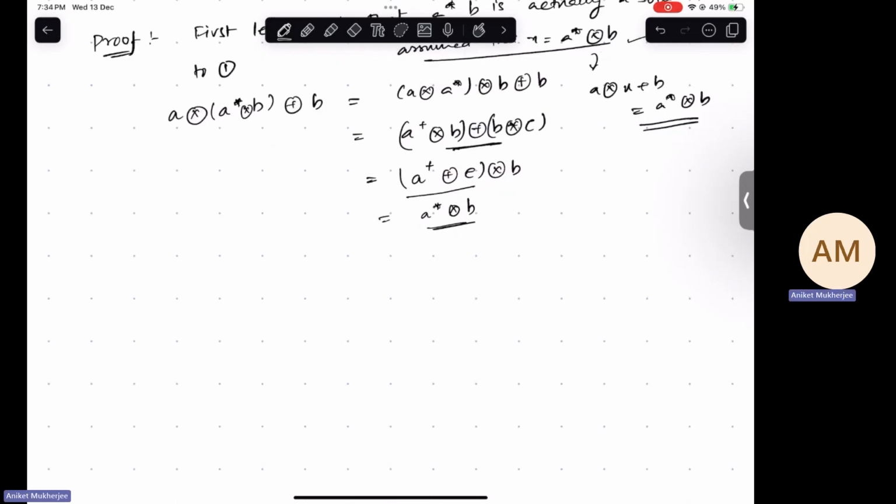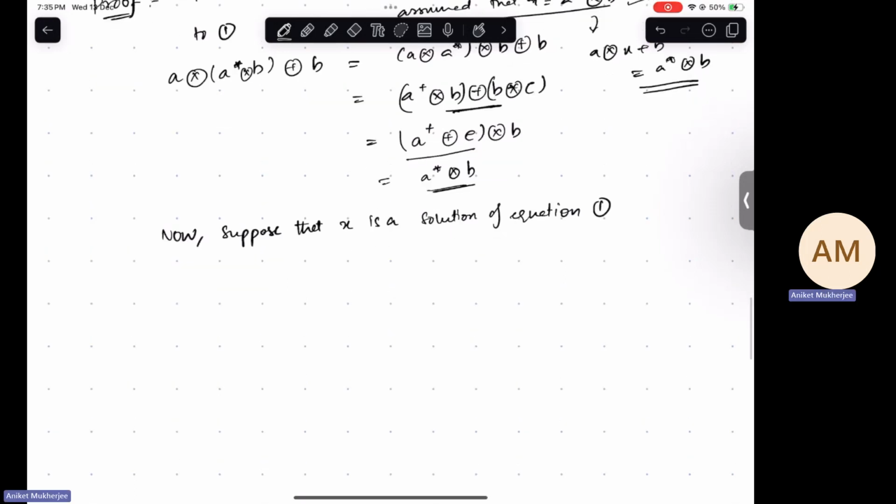Now we want to show that A star B is the least solution, right? So now we'll take into account, suppose that X is a solution of the equation 1, right?